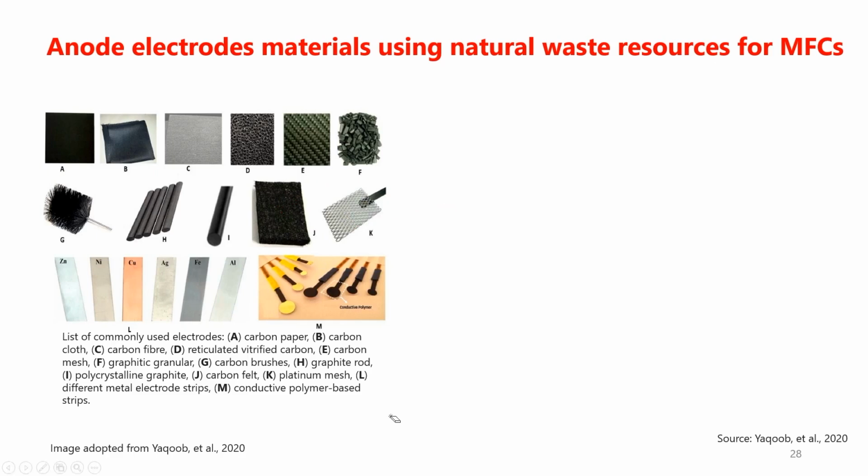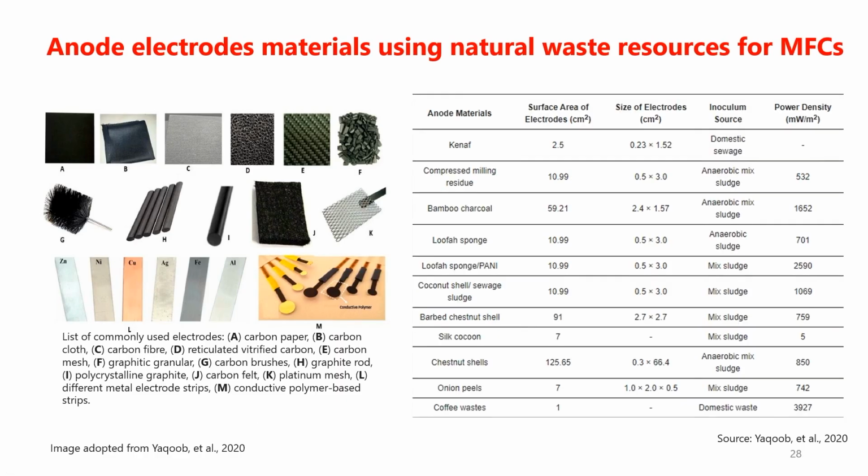Then different metal electrode strips can be seen in these pictures, like silver, aluminum, copper, nickel, zinc, iron, and then the conductive polymer based strips, which are non metallic.